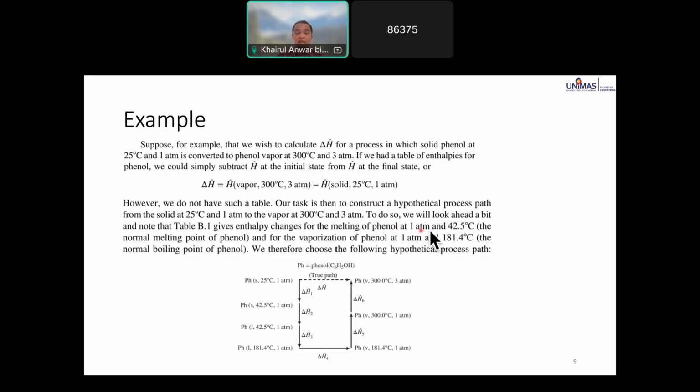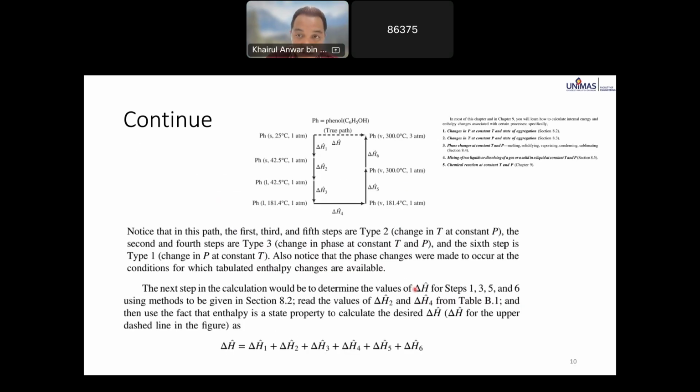Okay, this is the explanation now. So what you need to do is from this condition, we increase the temperature to 42.5. 42.5 referred to melting point. Cari dulu.